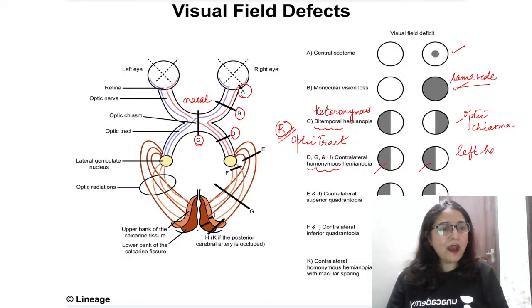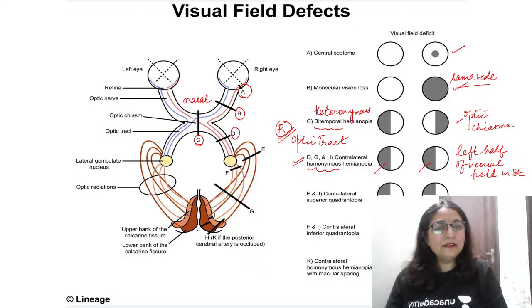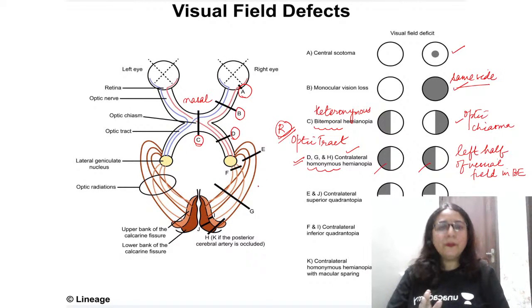Left half of the visual field in both eyes. Okay, so same half, left half of the visual field in both eyes. So we will call this defect as contralateral homonymous hemianopia. Hemianopia half, homonymous same side. Which side? Opposite to the side of lesion.